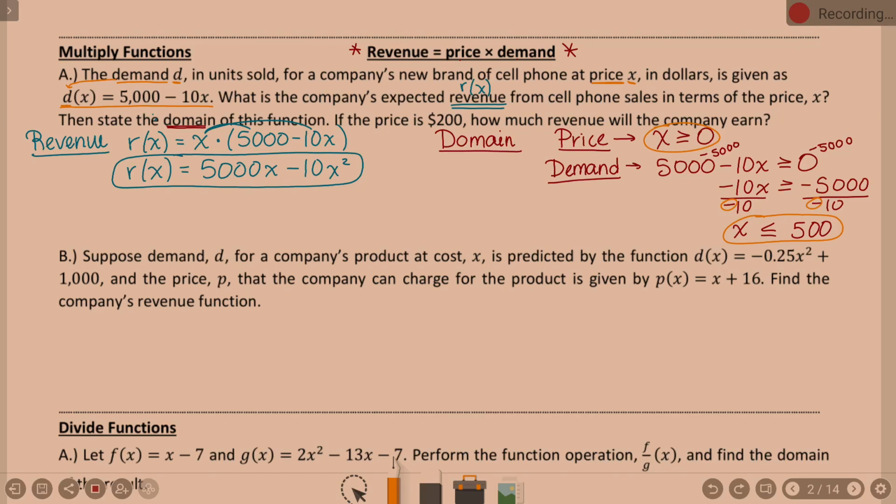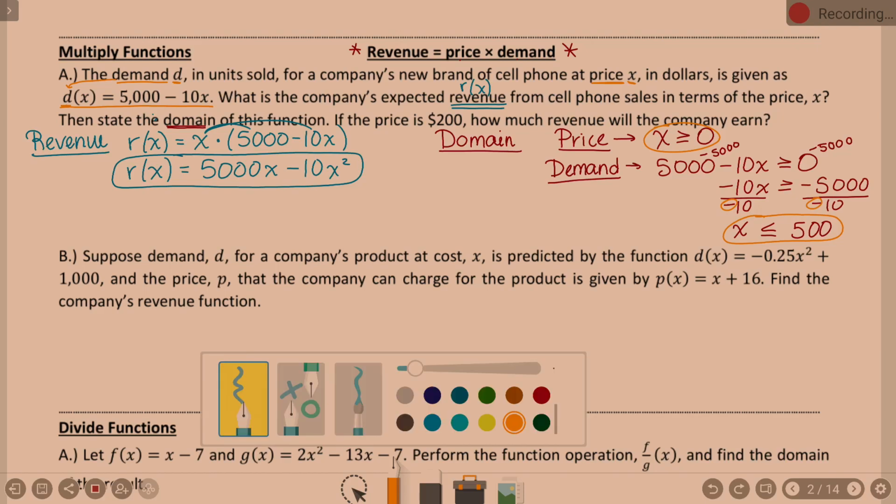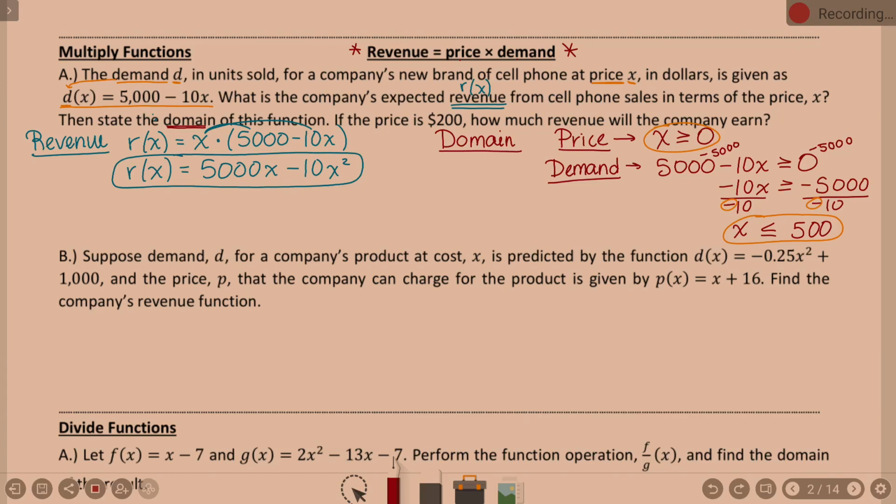In order to write that, I'm going to put x in the middle, 0 on the left, 500 on the right, and they're both less than or equal to signs. So 0, less than or equal to x, less than or equal to 500.